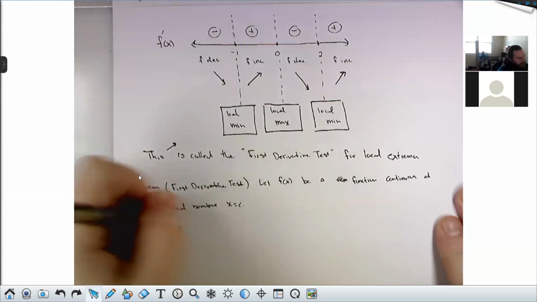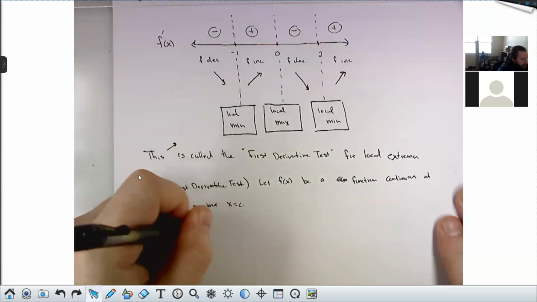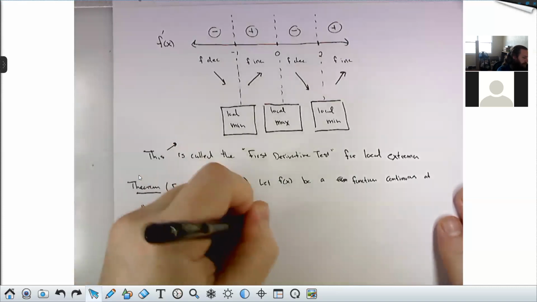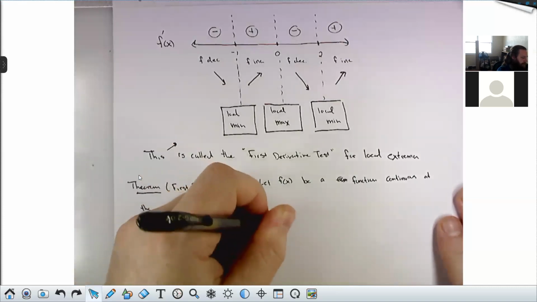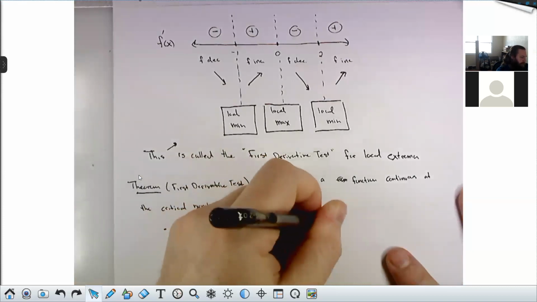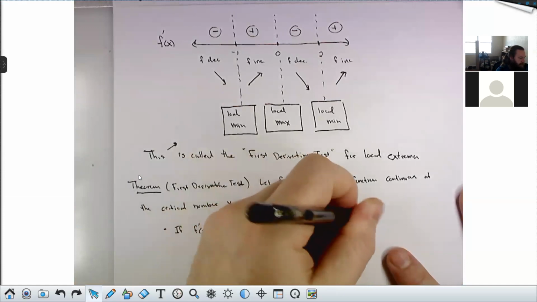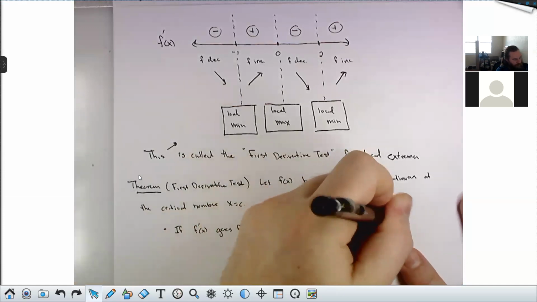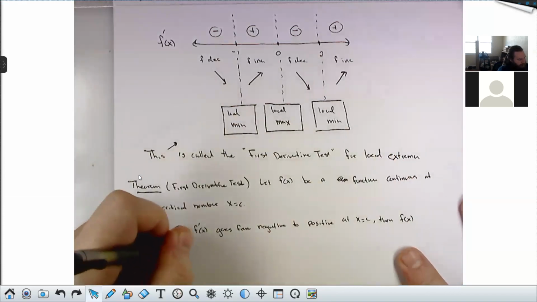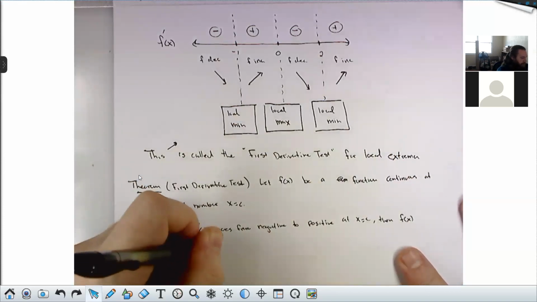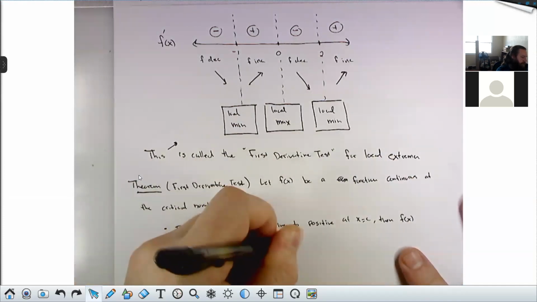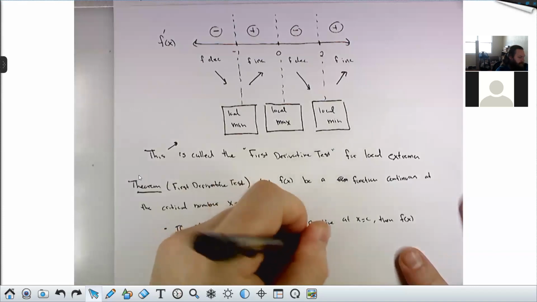If f prime of x goes from negative to positive at x equals c, then the original function f of x must have a local min at x equals c.